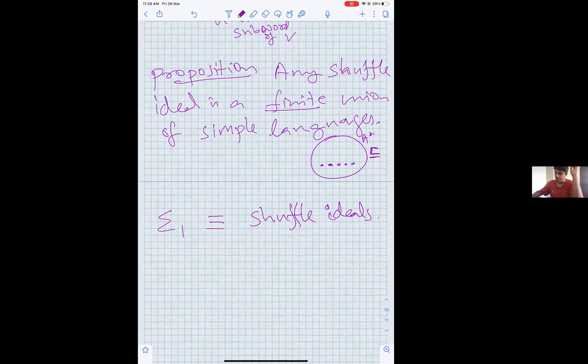In other words, you take any set, there are only finitely many incomparable words in that set. Incomparable words are precisely the minimal words.